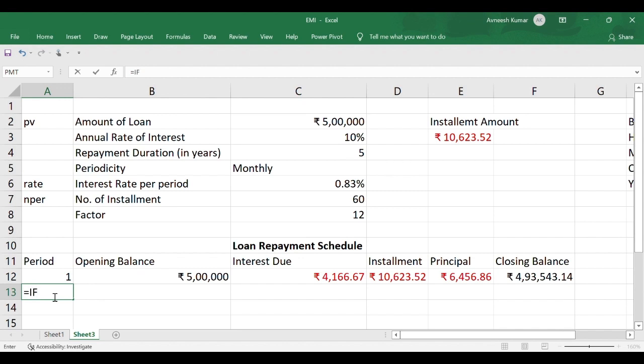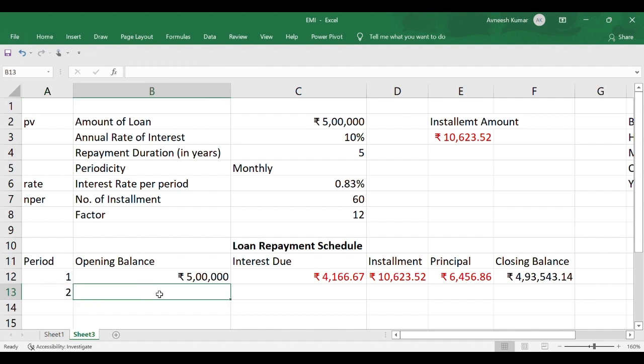We use the IF function here so that unnecessary details are not shown, and we just compare this cell, that if C2 is less than the total number of installments, then the output we want here for the next period is 1 plus 1, so this plus 1, comma, and this is a blank space, and we enter it here, so we get 2 here.